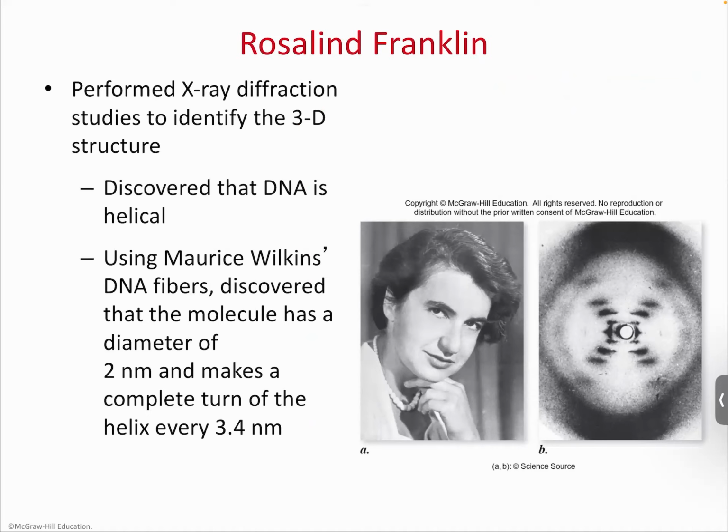But Linus Pauling won the Nobel Prize not once, but twice. The first time he won it was for the discovery of the alpha helix, the secondary structure in proteins. He figured that out, and that's what he won his Nobel Prize for.